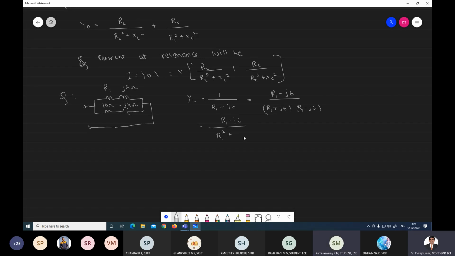J square is minus 1, so minus j6 square is plus 36. R1 square plus 36. This is your YL.